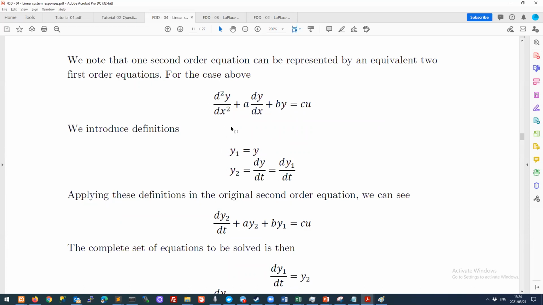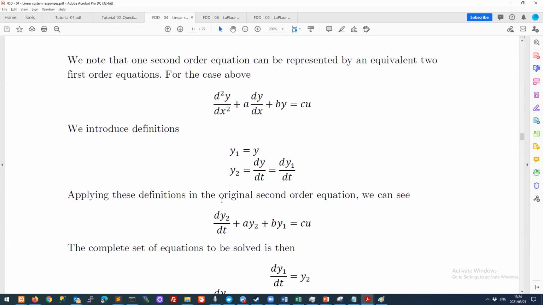Then if you take d dt of y2, it's going to be d dt of d dt y1, which is d2 y1 dt squared.